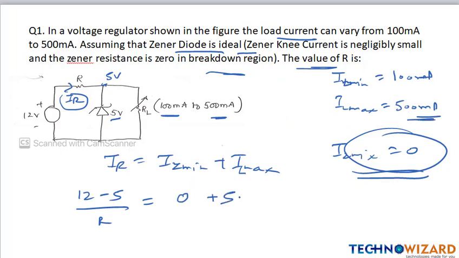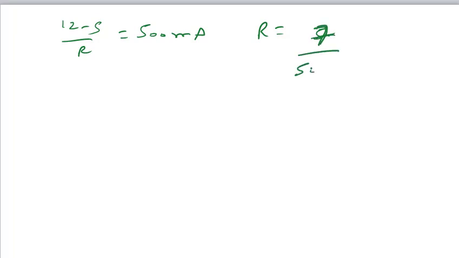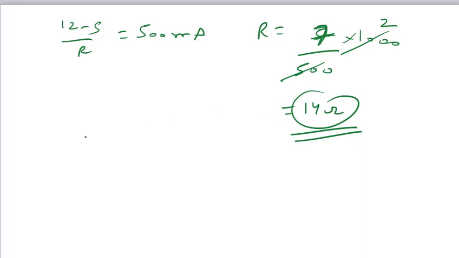Now we will solve this to find the resistance. 12 minus 5 upon R is equal to 500 milliampere. Therefore, R is equal to 12 minus 5, which is 7, upon 500 milliampere, that is 500 upon 1000. Cancel out, 7 into 2 is 14 ohm. 14 ohm will be the resistance. This is an example based upon case 3 when VI is fixed and RL is variable.